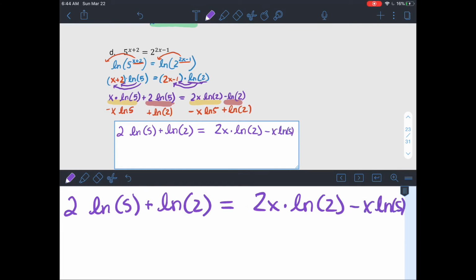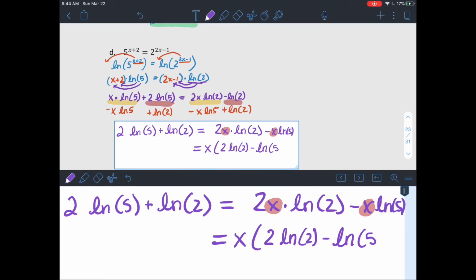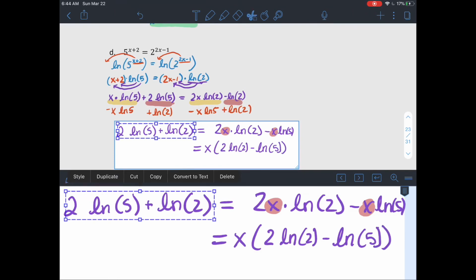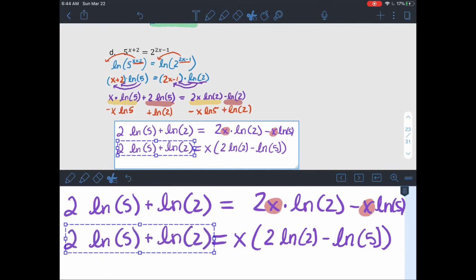Those aren't like terms because the logs are different values inside, so don't go combining them or anything. There's still x in 2 terms over there, so I'm going to factor that x out, which leaves me with x times 2 natural log 2 minus natural log 5. Left-hand side, still the same.